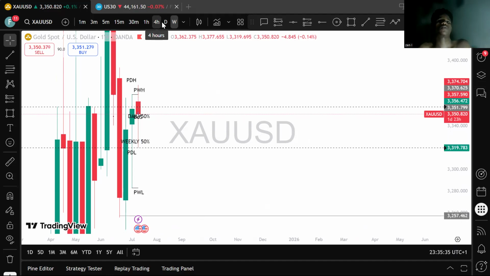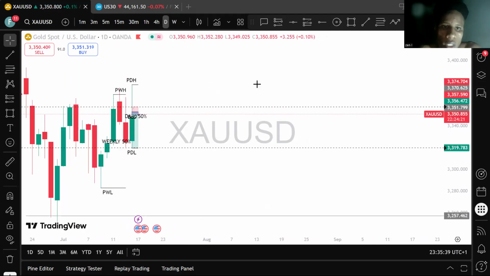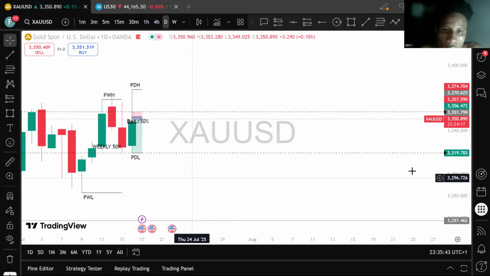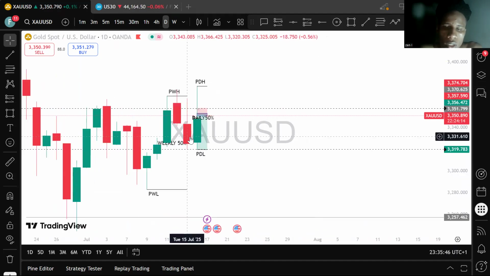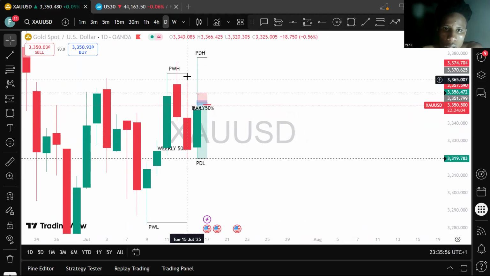So I switched to daily, and on the daily, as we can see here, this is July 6th, this is July 15th, this is July 15th weekly candle. You can see that price swept the July 15th daily candle, plus the weekly candle.